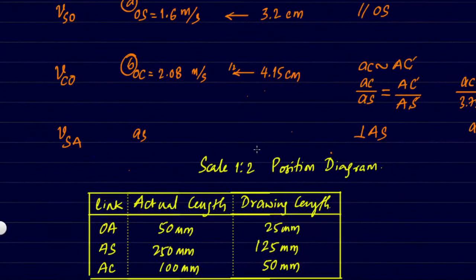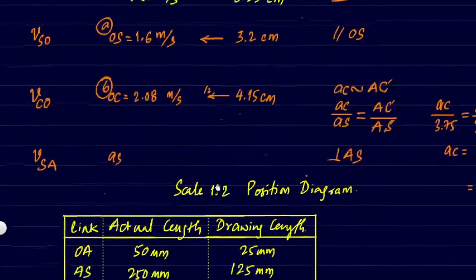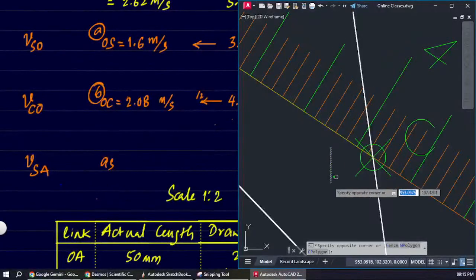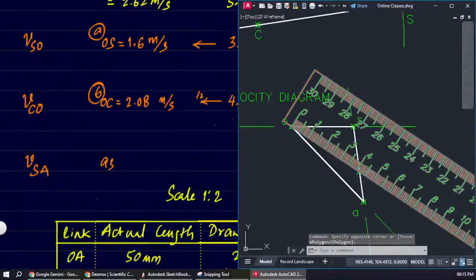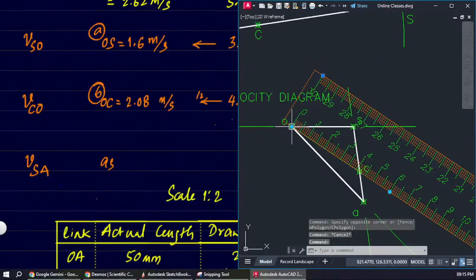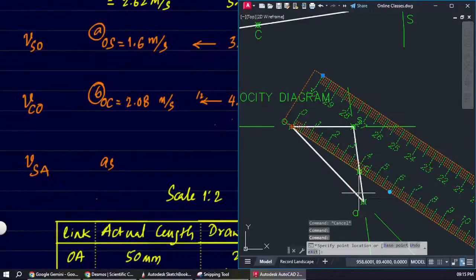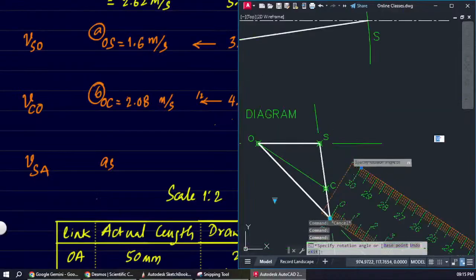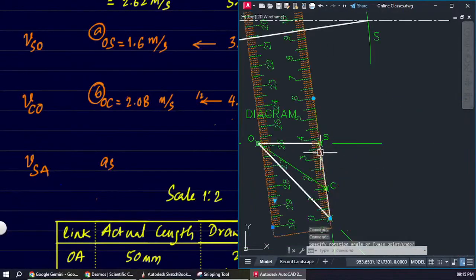So let's go back to our diagram and measure the length AS, small as. We'll keep this scale here, and yes, the AS length we have to measure.